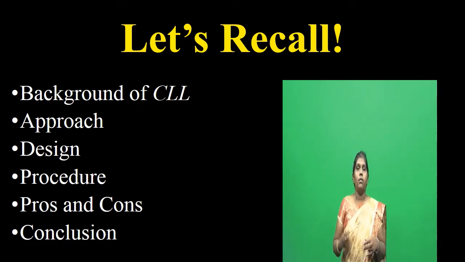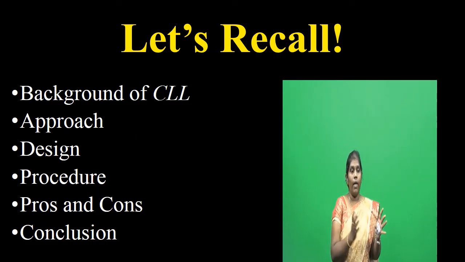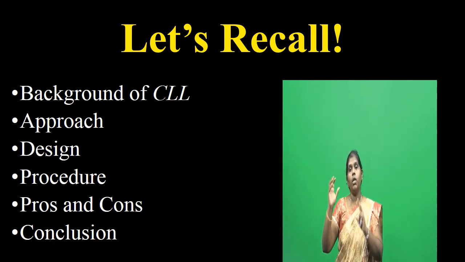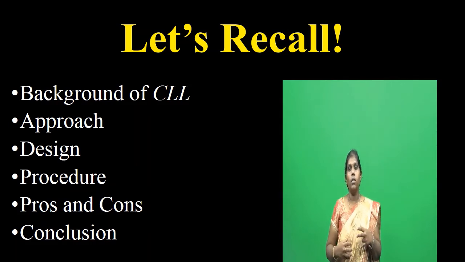In approach, we have seen the structural view, interactional view and social process view of language. And in the theory of language learning, we have seen how, from birth to maturity, the learner becomes a knower.